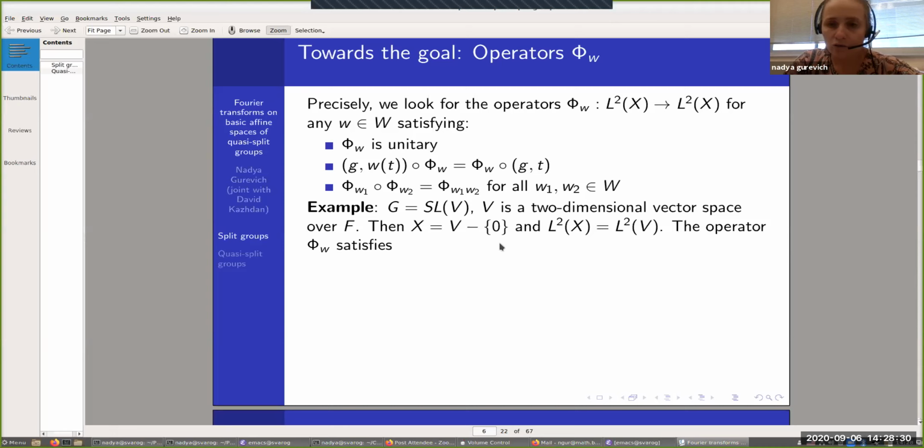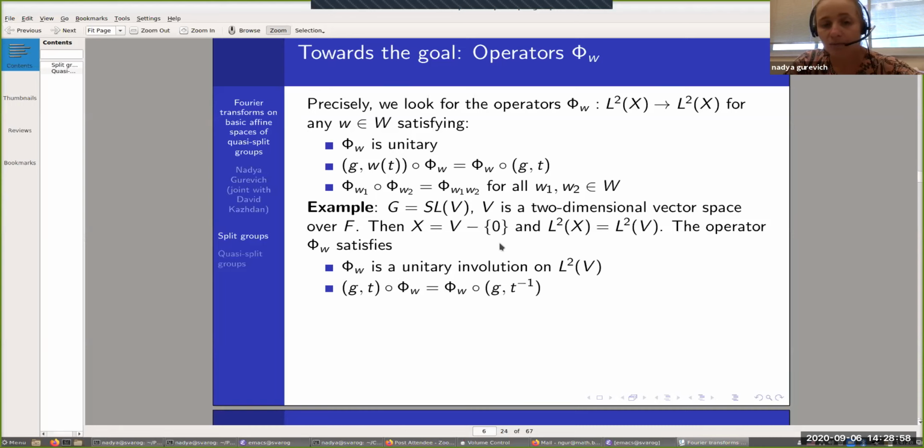Now, the Weyl group contains two elements, the trivial element and the unique non-trivial element W. The trivial element will act by identity. The non-trivial element must be, first of all, a unitary operator and an involution, because the Weyl group has just two elements, so W is of order 2.